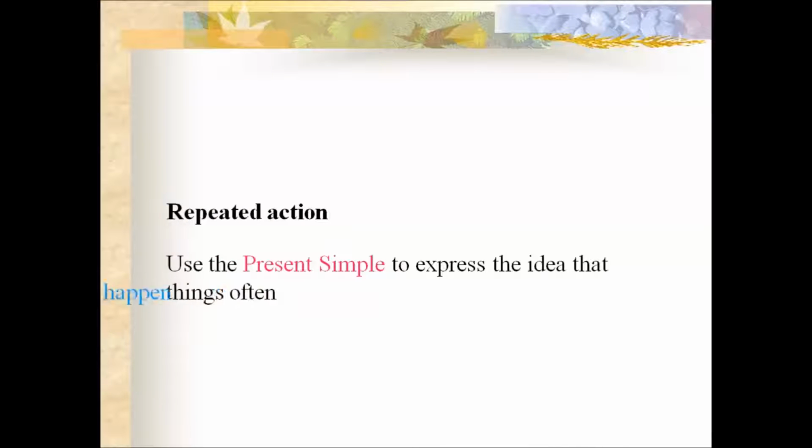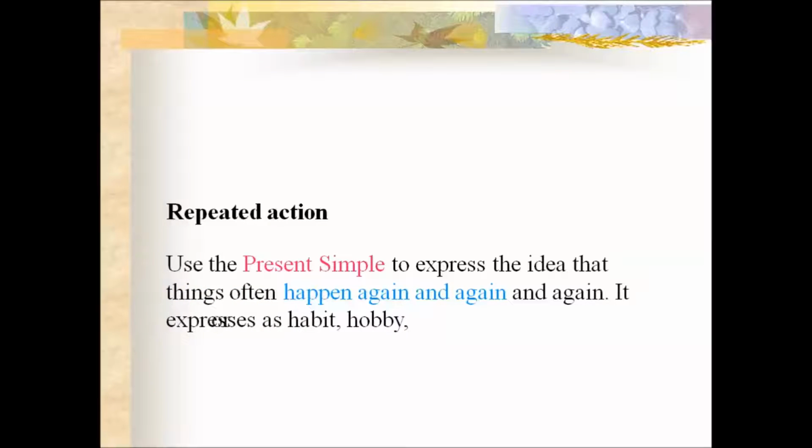Okay. Now we talk about repeated action. As I have been mentioning, the present simple is used to talk about repeated action, something that happens again and again in the present time. It can be about a habit, a hobby, or a timetable that the train runs.